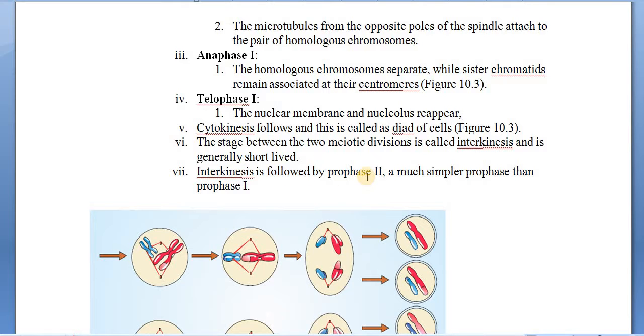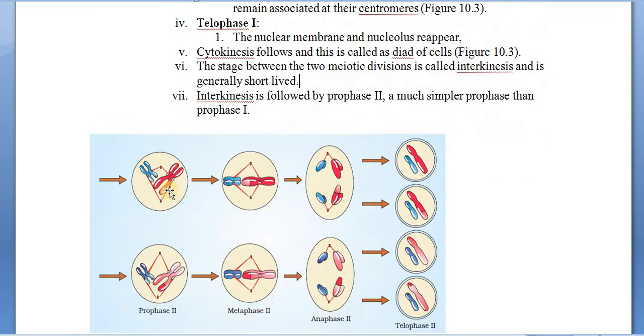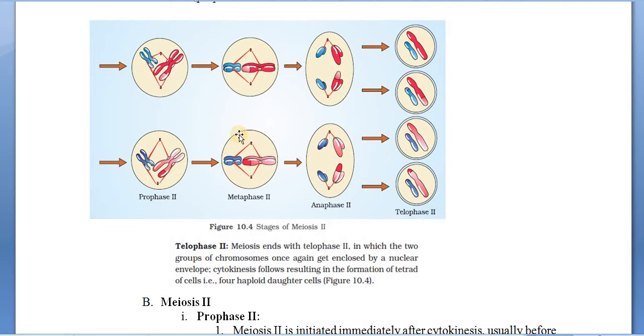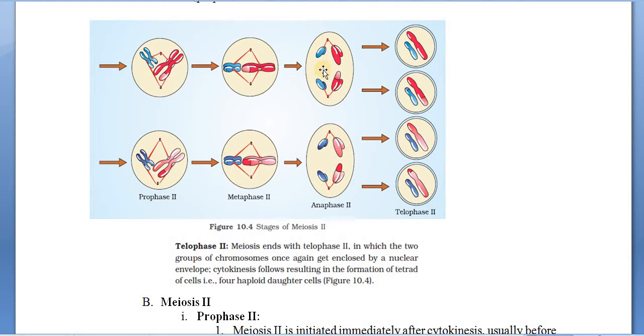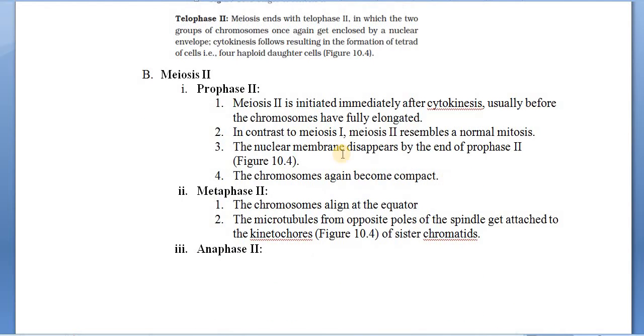Interkinesis is followed by prophase 2, and it is much simpler than prophase in meiosis 1. Now we will see meiosis 2: prophase 2, metaphase 2, anaphase 2 and telophase 2 will contain 4 haploid cells.